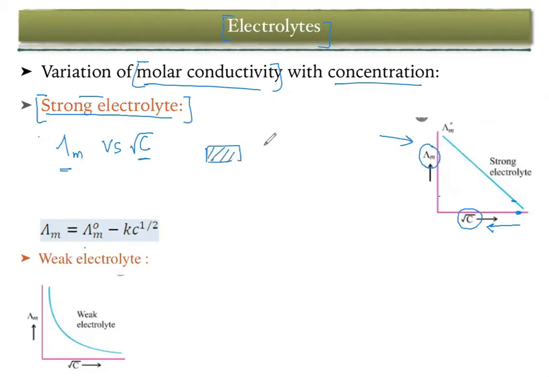This is the concentration. Whenever we are decreasing the concentration, it means we are increasing the dilution. As we are diluting the solution or electrolyte, the molar conductivity will increase. You see, this is the increasing graph.